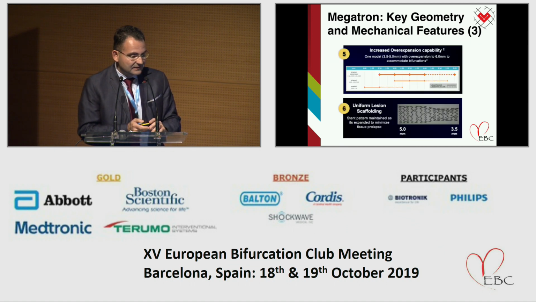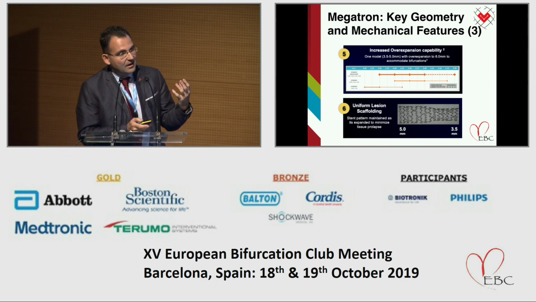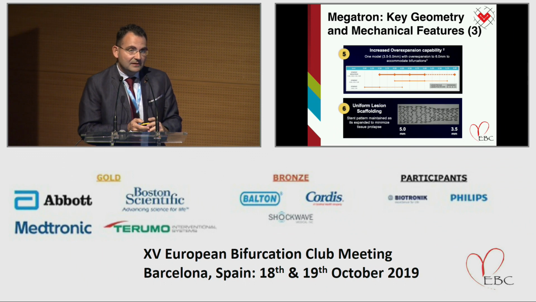Fifth and sixth features are related to the number of peaks. The increased number of peaks in the circumference gives the stent an improved overexpansion capability. A 3.5 stent can go up to 6.0 millimeters without deforming or losing its shape. And also it can have very uniform scaffolding, which is very important for the long-term outcomes.